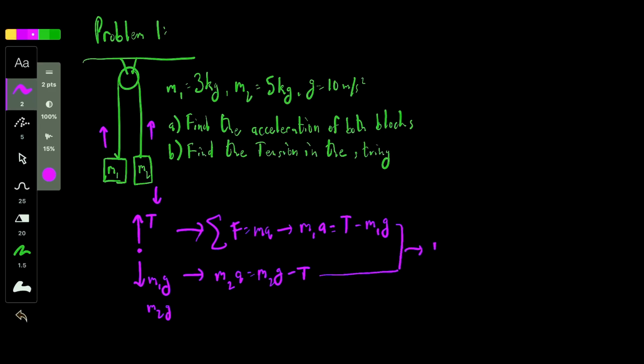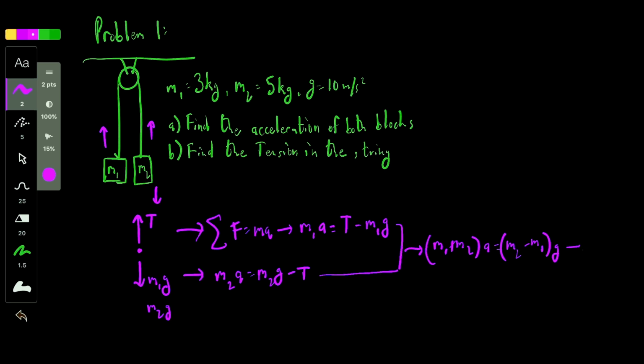So we get m1 plus m2 times acceleration is equal to m2 minus m1 times gravity.